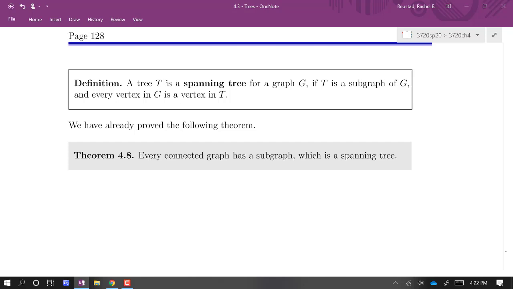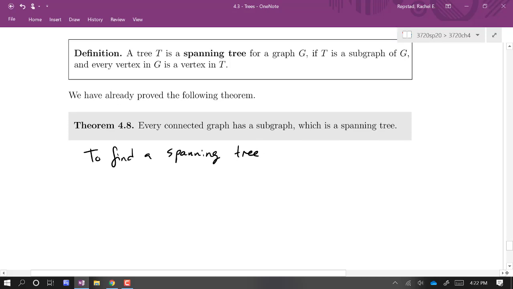We're not going to prove this theorem, but to find a spanning tree, you could simply follow the procedure that we described in the last theorem. I mean, going through that process is sort of how you build a proof of this theorem.